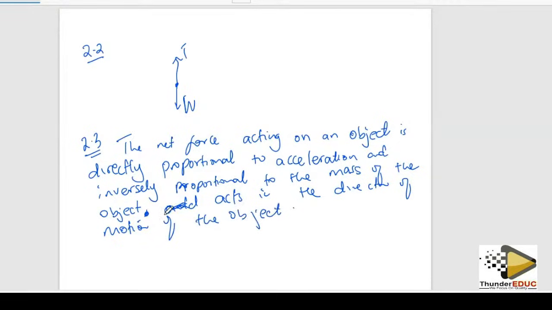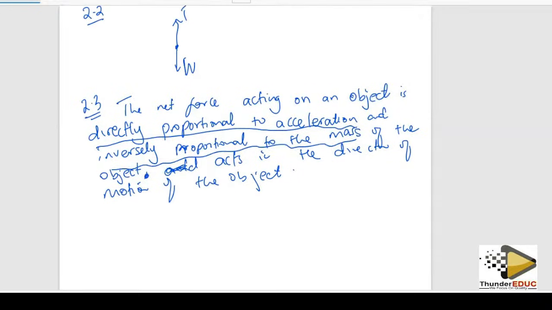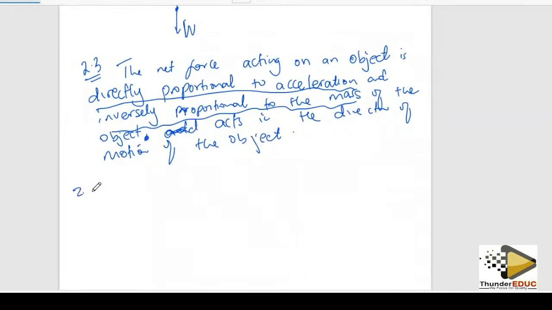Okay, just play around with those words, but for as long as we see this word directly proportional, so that the force is directly proportional to the acceleration, at least it must be within your statement, and then inversely proportional to the mass, and then acts in the direction. So they're just keywords that we're interested in, but play around with the English.